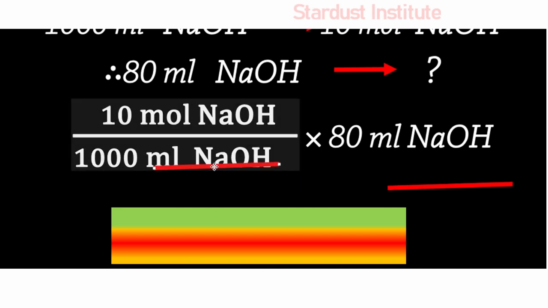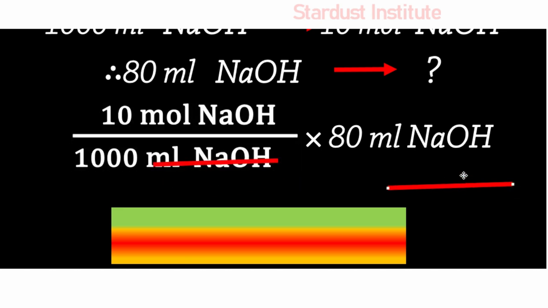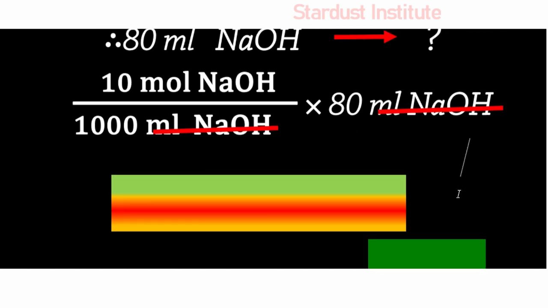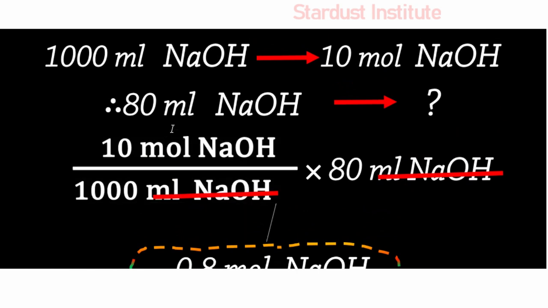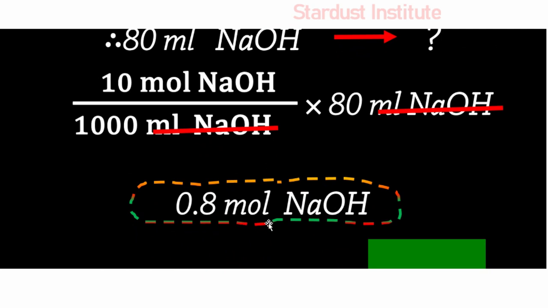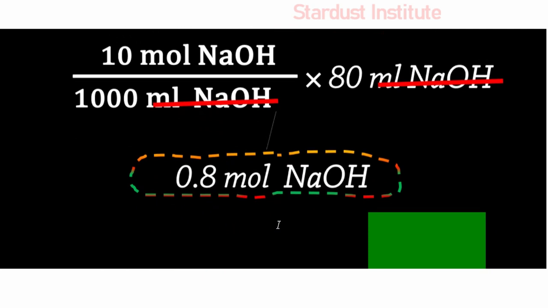Milliliter sodium hydroxide, milliliter sodium hydroxide. Then we get 0.8 moles of sodium hydroxide. In 80 milliliters of this sodium hydroxide solution, there are 0.8 moles of sodium hydroxide.